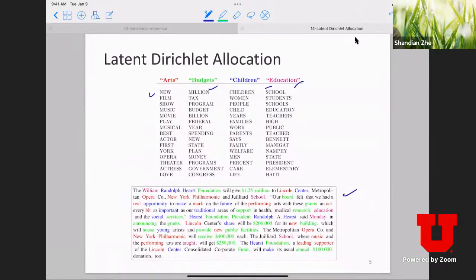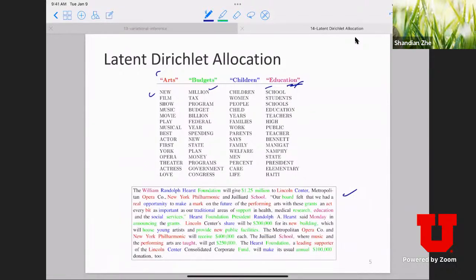The red words represent the topic about arts. The green represents budgets. Blue, children, and this purple, it's about education. You can see that for different topics, the representative words are different.